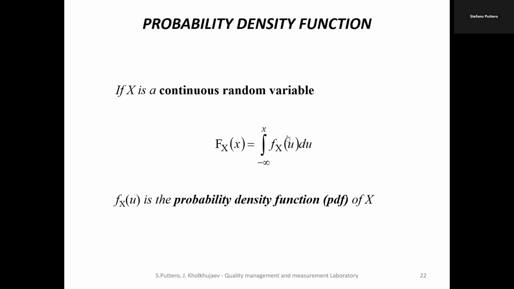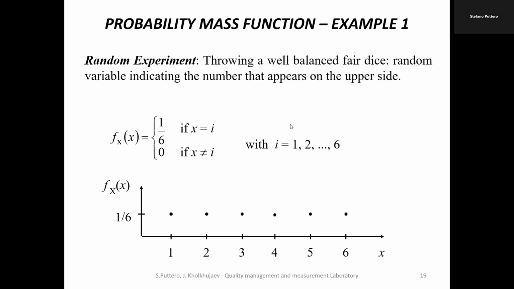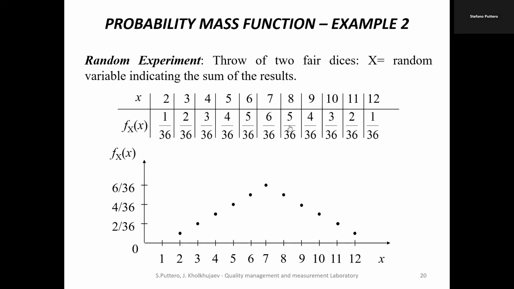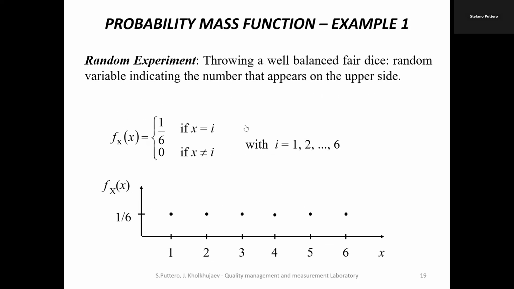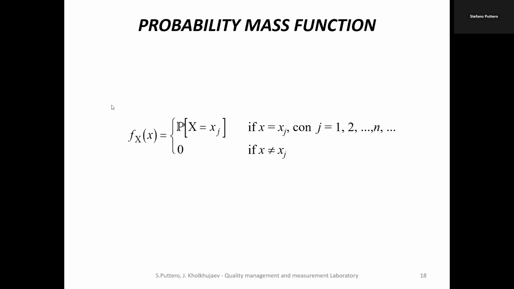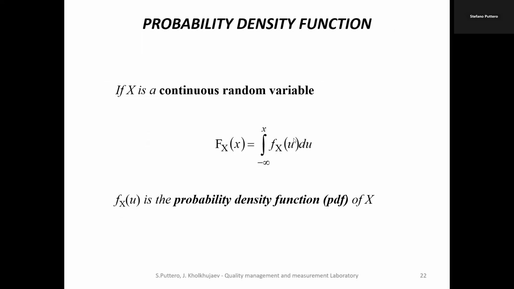So we are considering a different function with respect to the probability mass function that is reported here. This is the probability mass function, the probability for a discrete random variable, while now we are assuming a continuous random variable in which the cumulative distribution function, the CDF, is defined as reported in the slide.